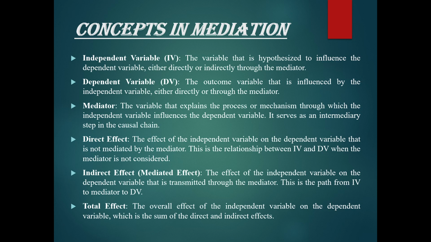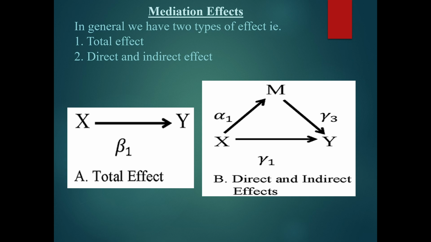So this is the path from independent variable to mediator to dependent variable. And the last one is the total effect, the overall effect of the independent variable on the dependent variable, which is the sum of the direct and indirect effect.